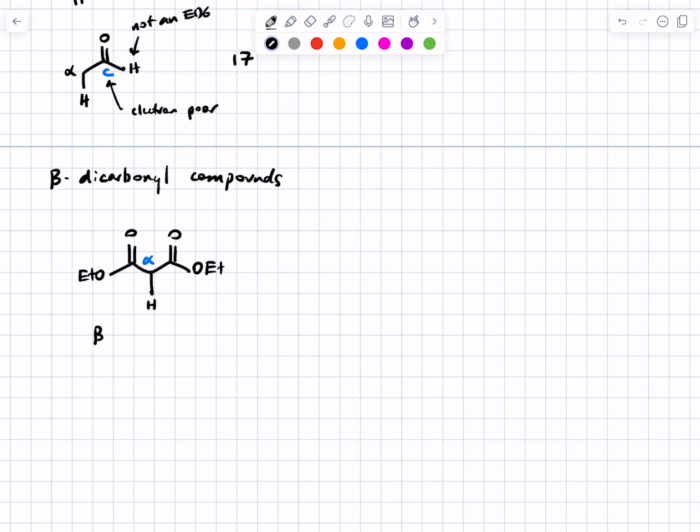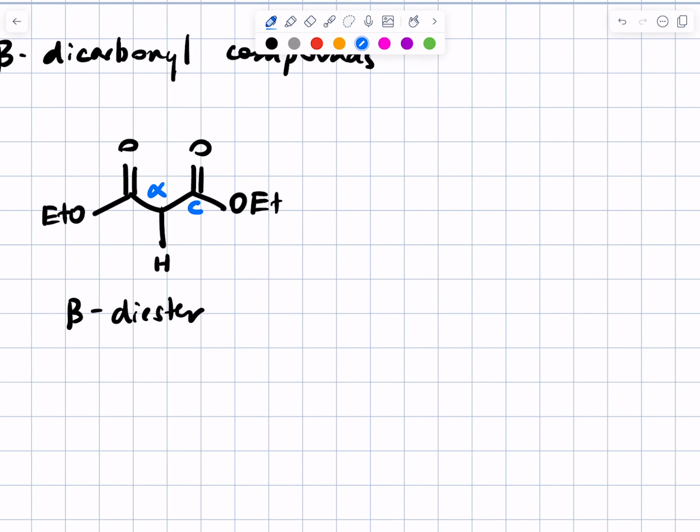This one is called a beta diester. Why is it called beta? Well, here's a carbonyl carbon, and then you've got a second carbonyl carbon, beta to the first. Doesn't matter which one we say is the carbonyl compound, they're identical to each other.